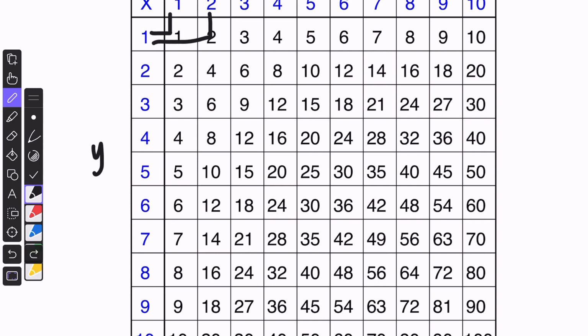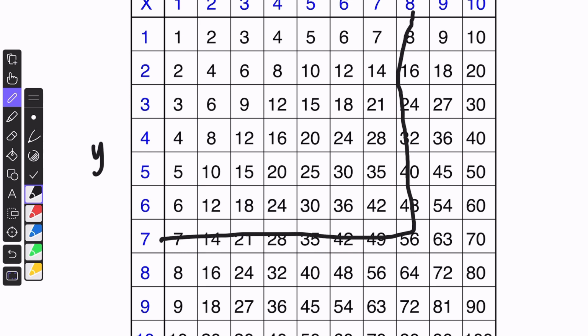1 times 3. And so basically, whenever you want to find the multiplication of two specific numbers, like say I want to do 8 times 9, I like to start at the x-axis first. I go to 8, and then I go all the way to where 7 is.